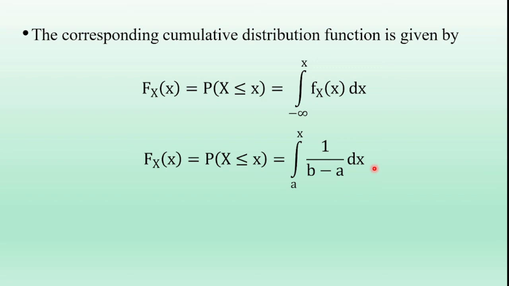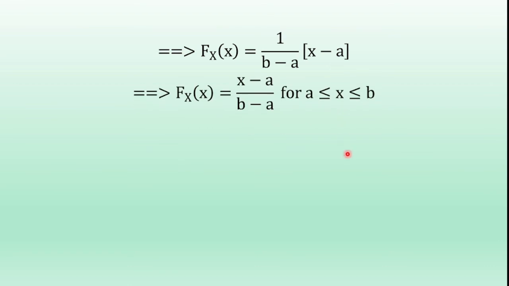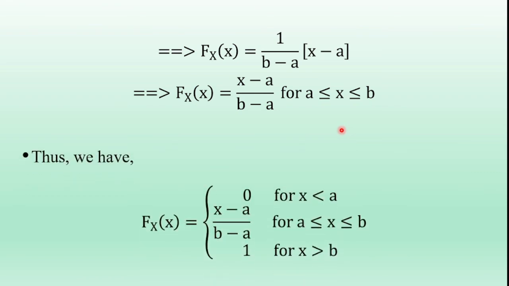The starting value of the density function is a, so the limits are a to x. 1 by b minus a is a constant, written before the integration. The integral of 1 dx is x over a to x. Applying the upper value and lower value of x, we get the distribution function equal to 1 by b minus a into x minus a. This is the equation of the probability distribution function or cumulative distribution function of the uniform distribution over the interval a to b. So this is the concept of uniform distribution.